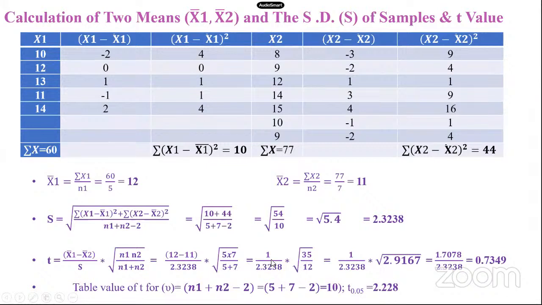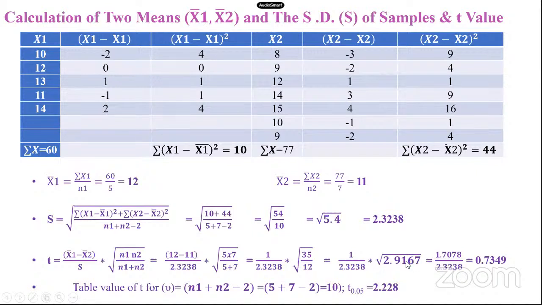So next, 12 minus 11 is 1, divided by 2.3238 into root of 5 times 7, 35, divided by 5 plus 7, 12. Next, 35 divided by 12 is equal to 2.9167.